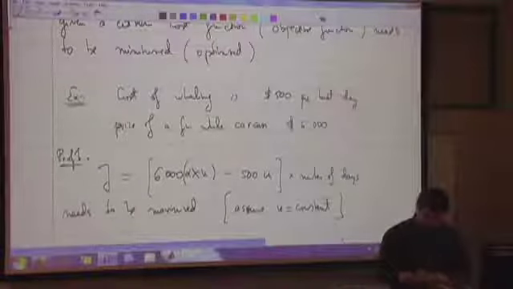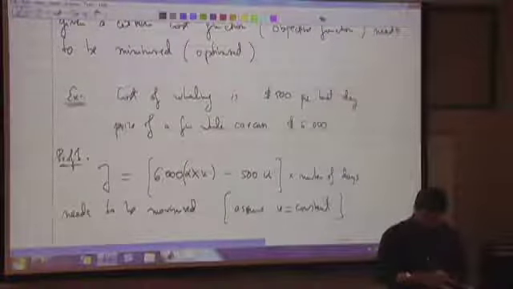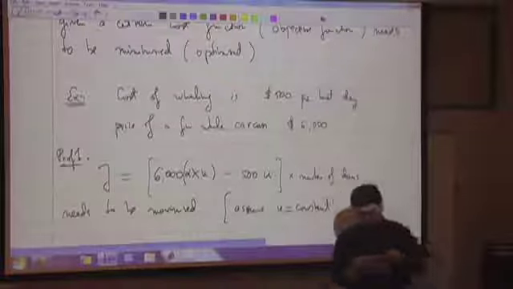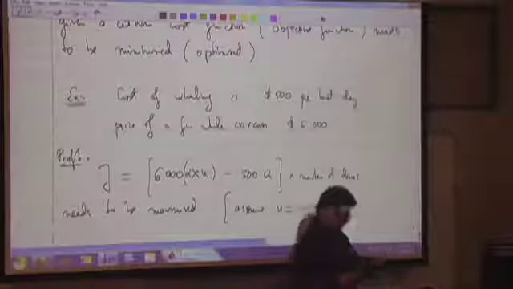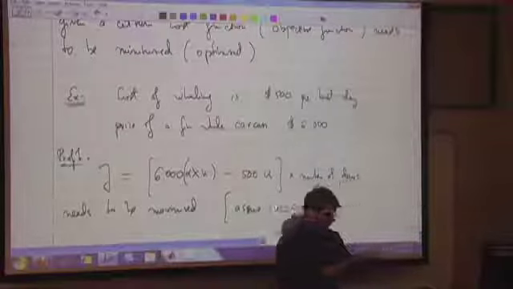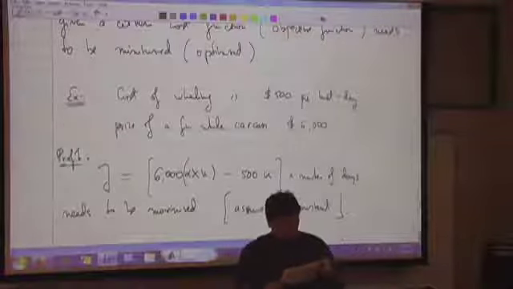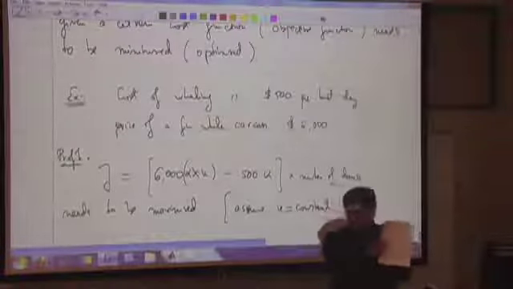Okay, so if you want to be thinking about a variable in time, then this is example 4 in this handout.